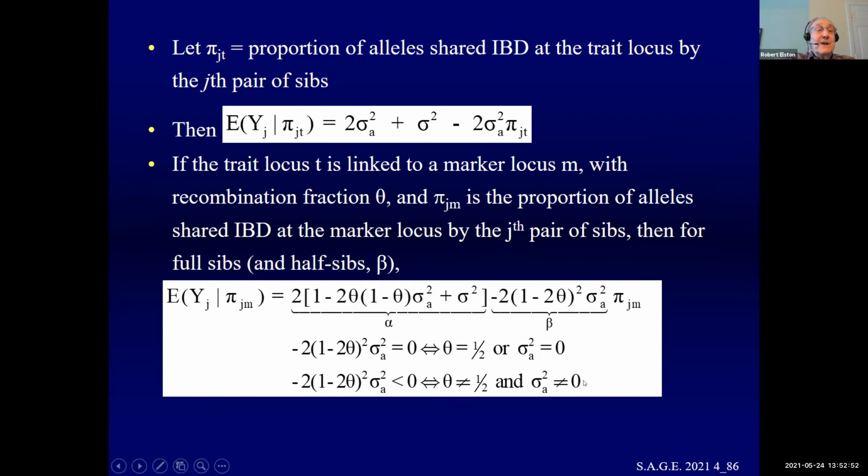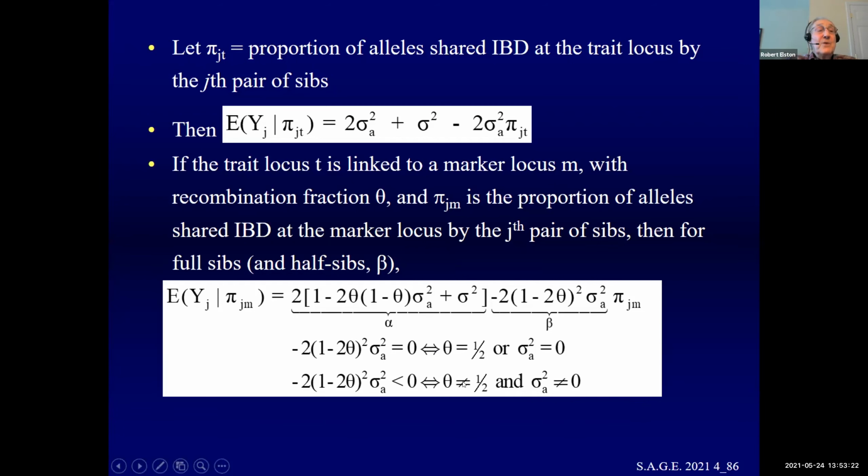That's the whole point of the Haseman-Elston regression. This regression coefficient equals 0 if either you have no additive genetic variance or you're so far away that the recombination fraction is a half. It is negative if you have both a recombination fraction not equal to a half and additive genetic variance there.